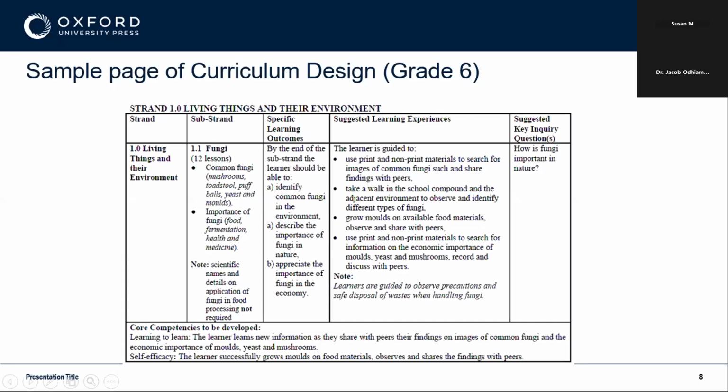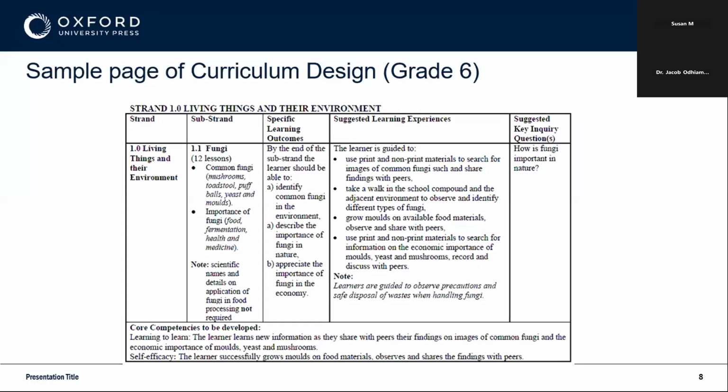And in this forum, we don't want to contradict them. But whether you write them down or you keep them in the head, you should know that where necessary, it is written in the curriculum design.